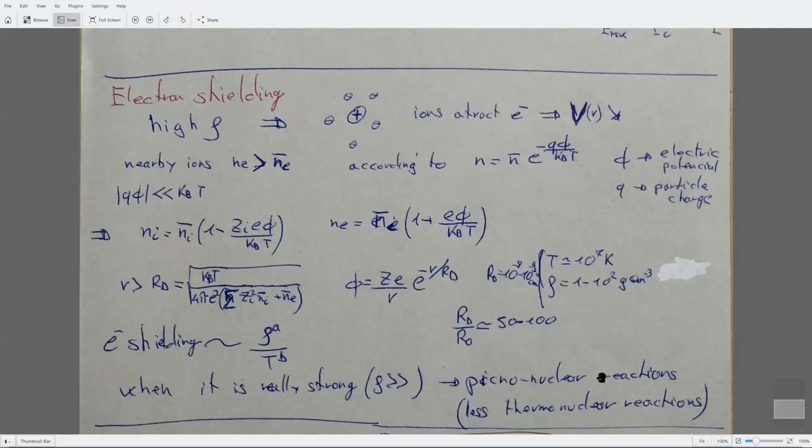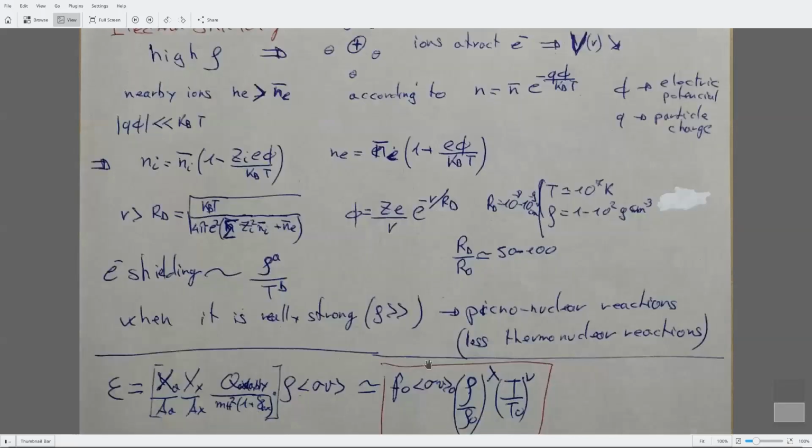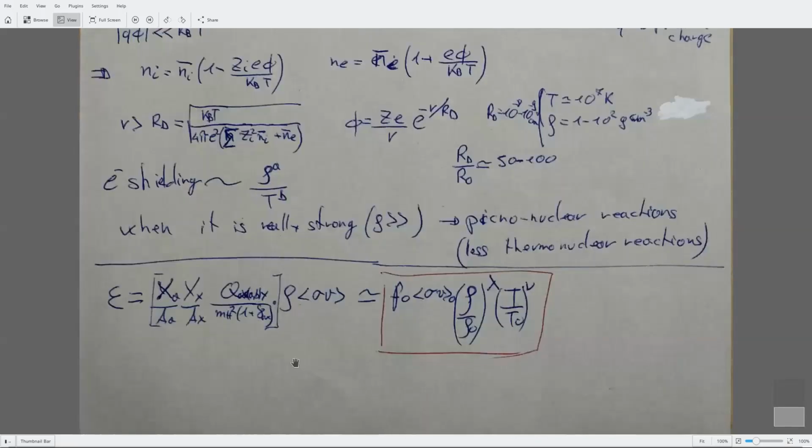Thermonuclear is so called because the rate depends mainly on the temperature of the gas, because how the particles manage to interact is due to the thermal energy. When you have pycnonuclear, it's just because the particles are so well packed together.